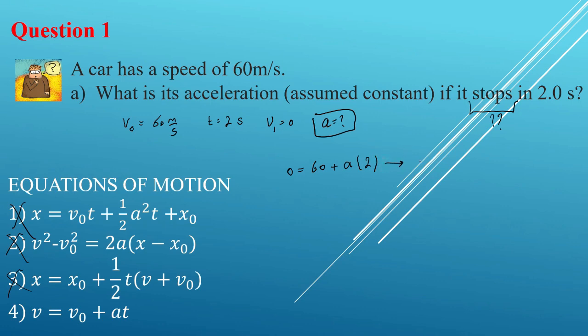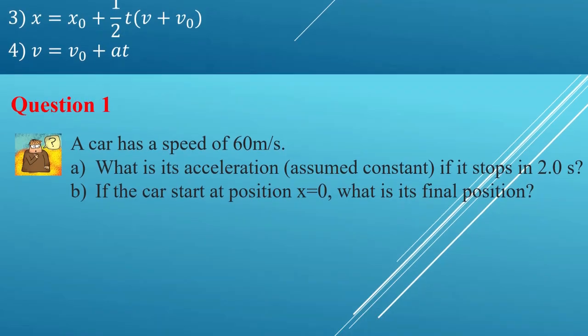So if I solve it, it's going to be minus 60 equals 2a, and then my acceleration is going to be minus 30 meters per second squared, right? That's the answer I'm looking for. And that makes sense. Your acceleration is negative because your speed is going to drop, okay? Now let's look at part 2.